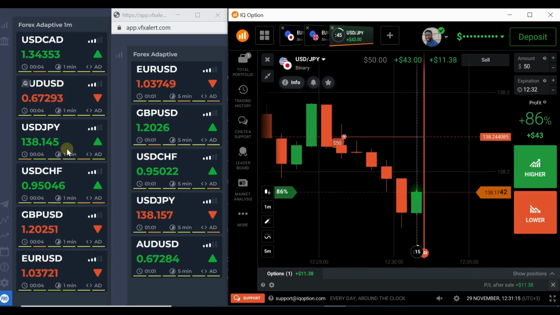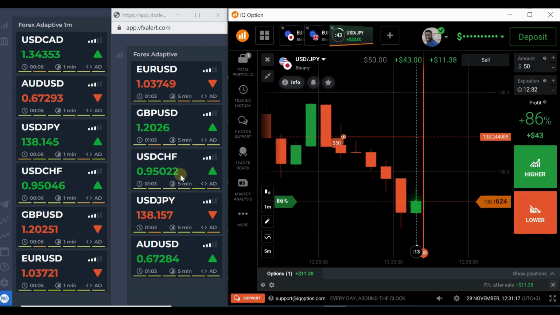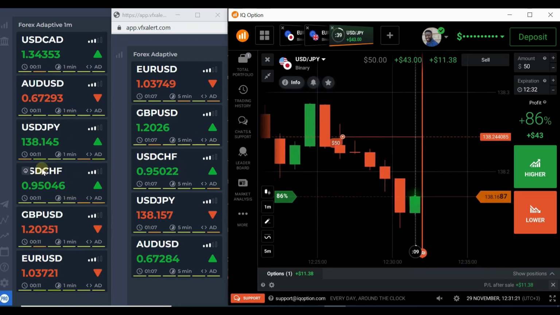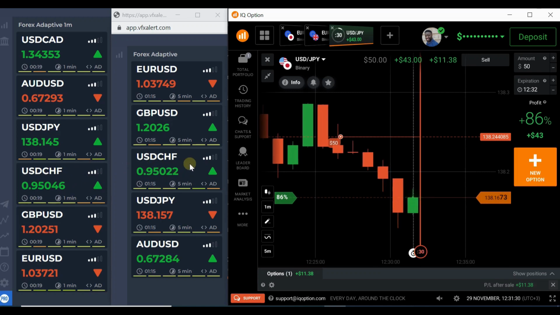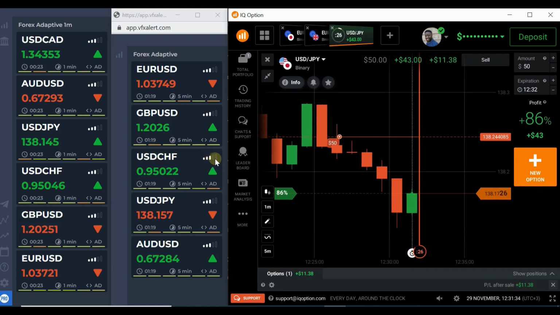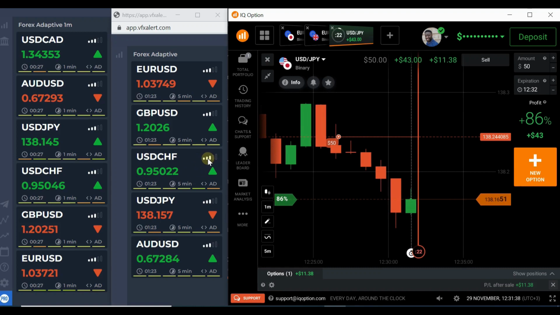So the app is still giving us more signals that we can choose from. Like here you can see USD CHF is in a very strong uptrend in 1 minute, in 5 minutes, and again you can see it's a very strong uptrend, and it's 3 bars. So whenever you get more bars, that shows you that that's a very strong signal.